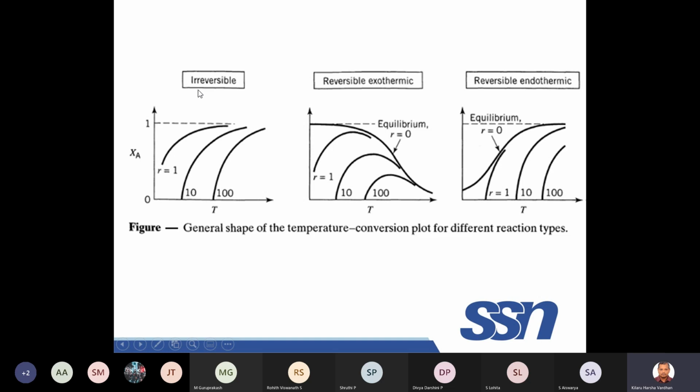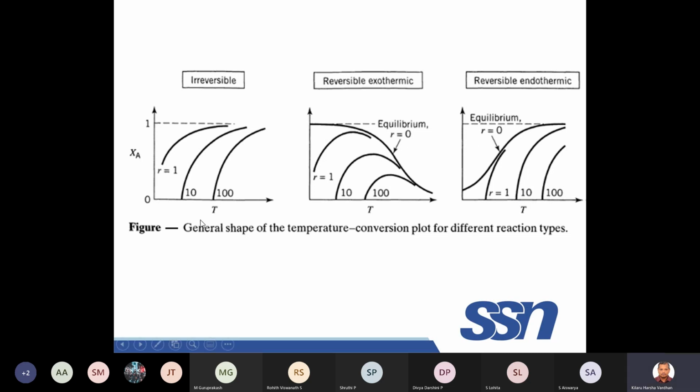In the first, both are shown as irreversible processes. That means A is giving R, both exothermic and endothermic, with this curve. Whereas if the process is reversible, then you get a different graph for exothermic and a different graph for endothermic.